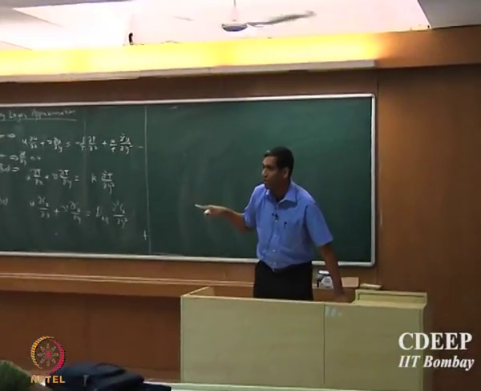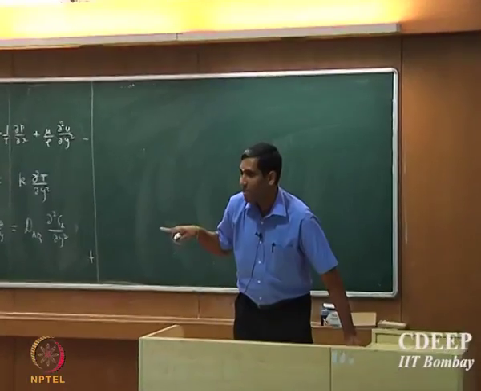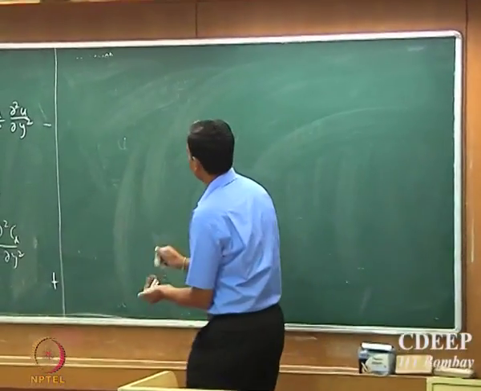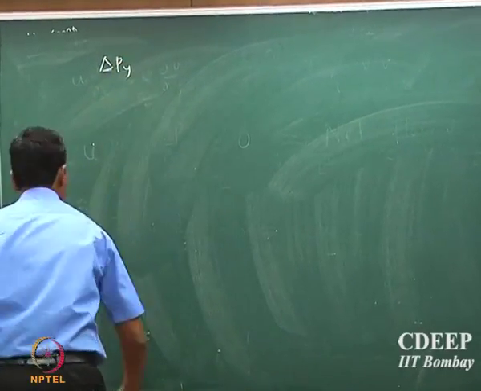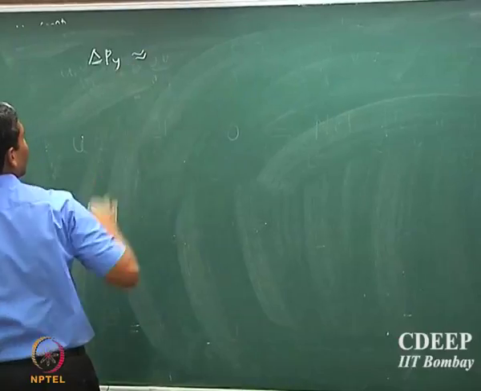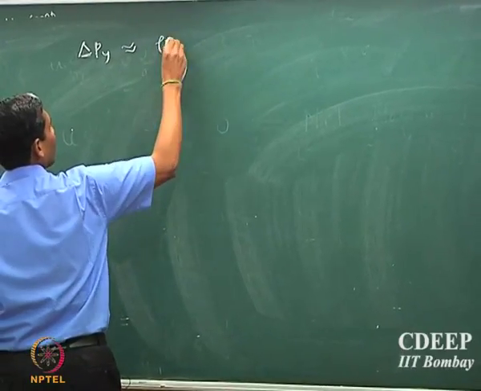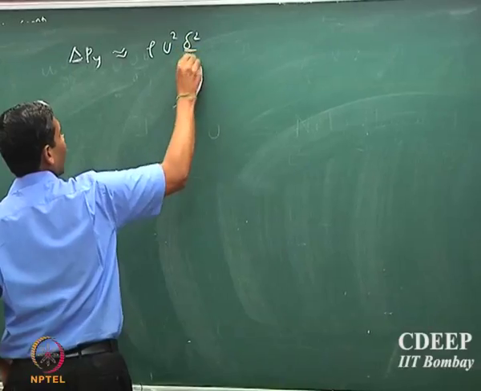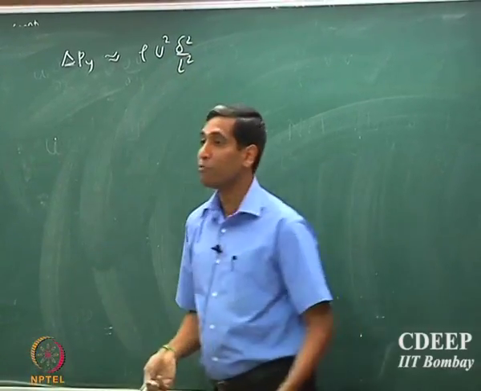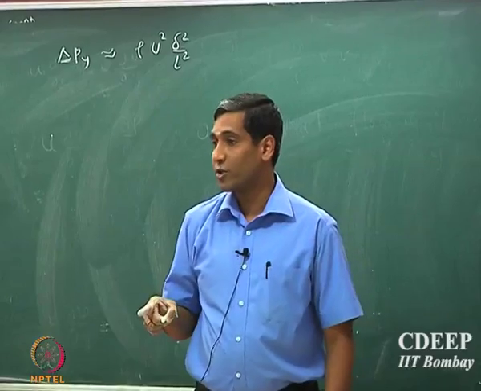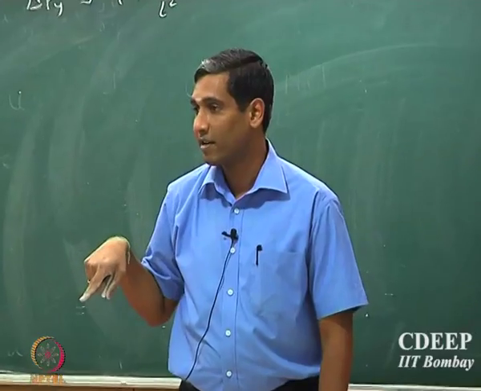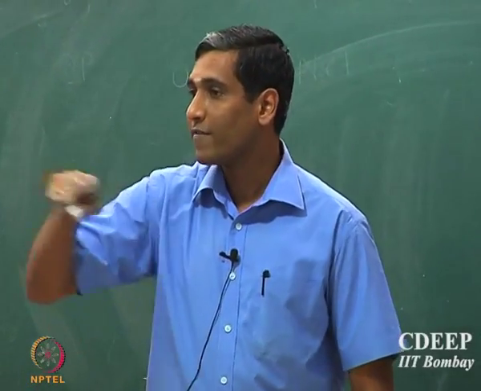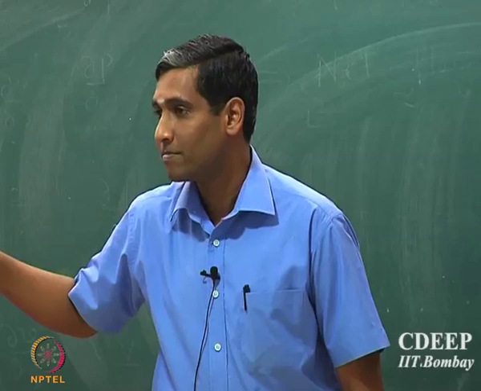If all of them are of equal order of magnitude, and because delta Py scales as rho into u square delta square by L square, you expect that it should be constant. That is because the scaling is dP by dy, since you have a 1 by delta. So, all of them are of the same order of magnitude.